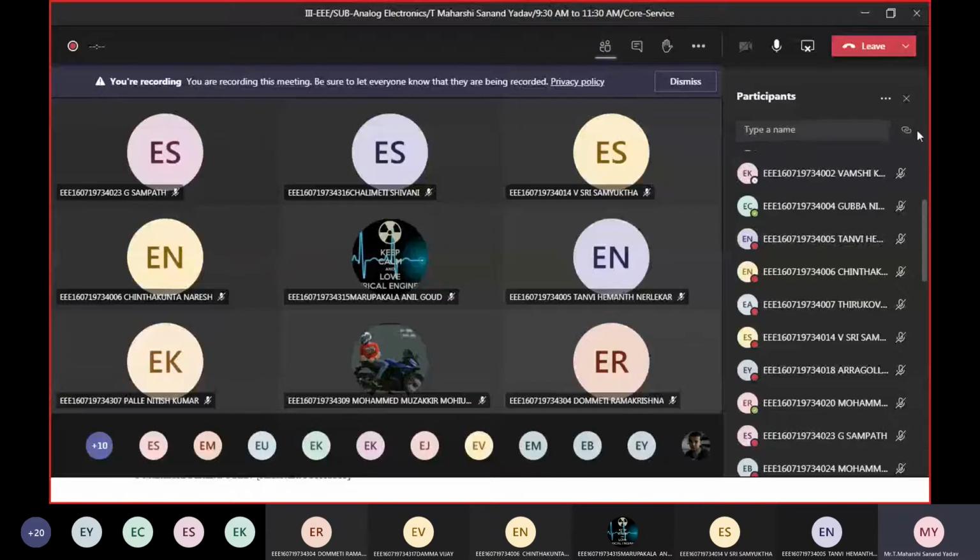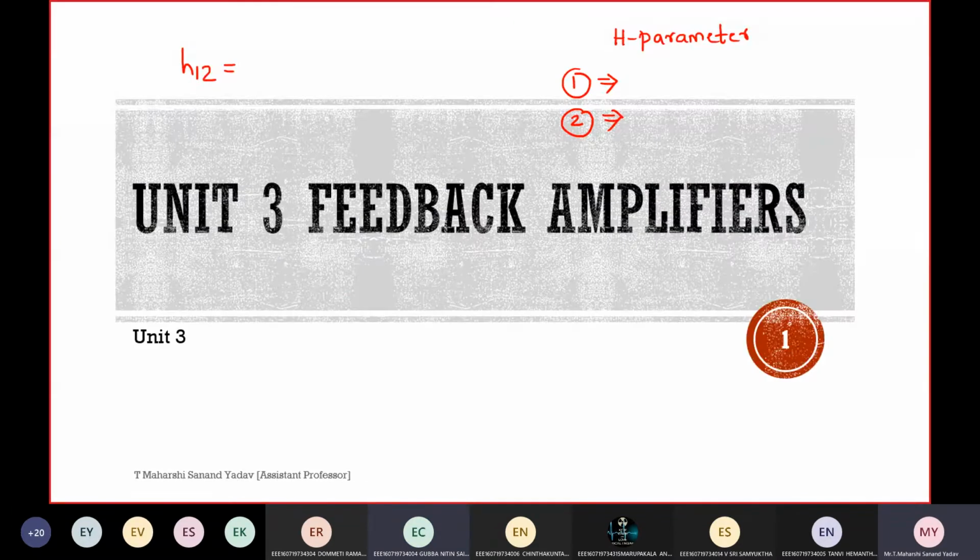What happened today? No one is responding. Rule number 4, Nitin. Yes, sir. Tell me the equations for H parameter. V1 equals H11 I1 plus H12 V2. Okay. And I2 equals H21 I1 plus H22 V2. Right. Correct. So suppose if I want H12, what is the equivalent?